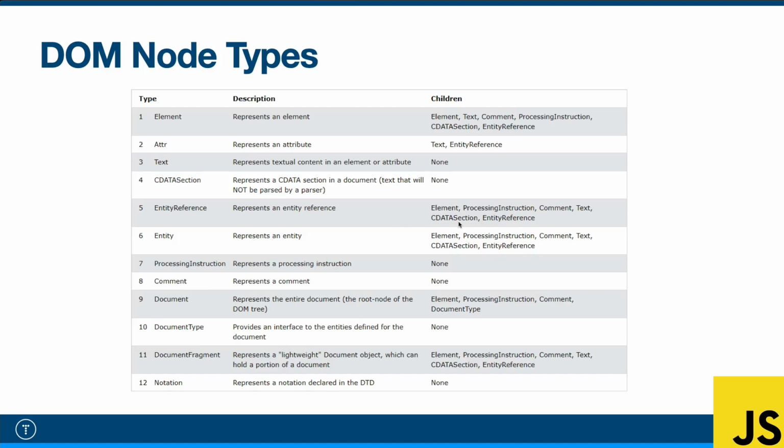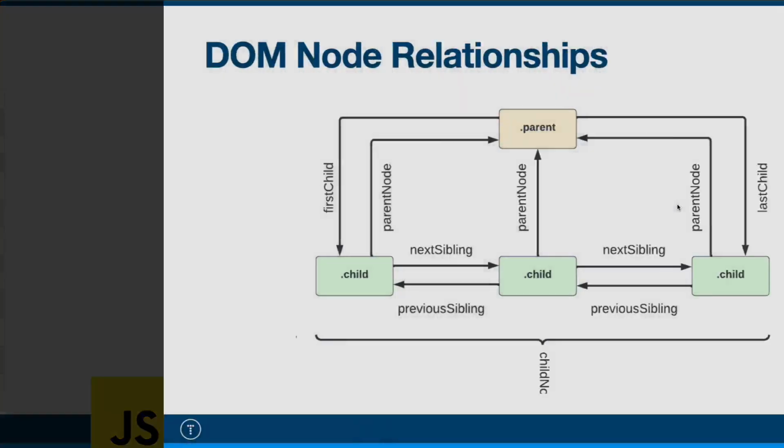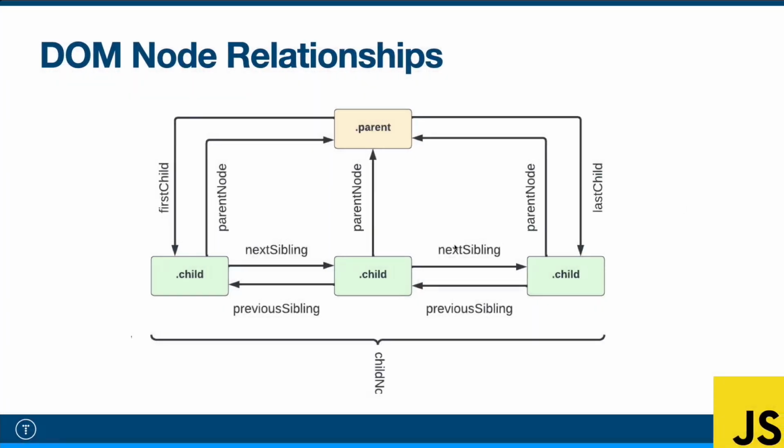So what I want to do is look at some of these other methods that are available to use with not just element nodes, but other types of nodes as well. And this looks pretty similar to what we already saw, but these are actually different methods. Okay, same structure.